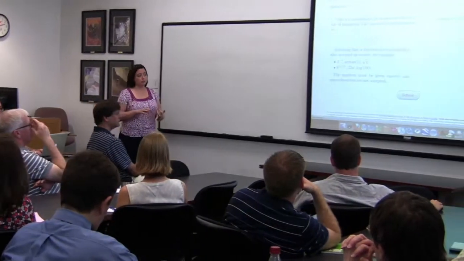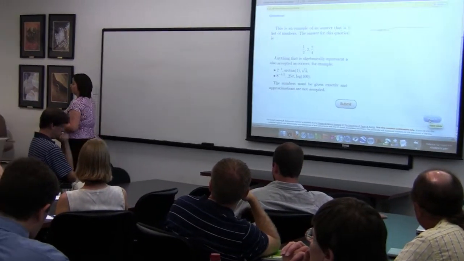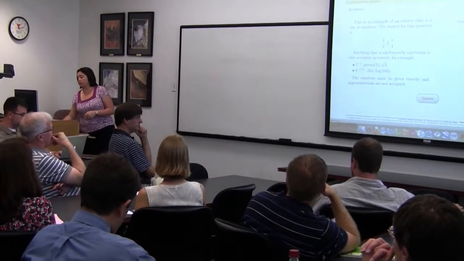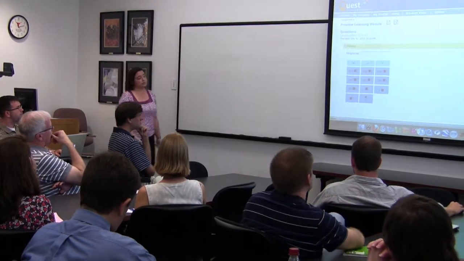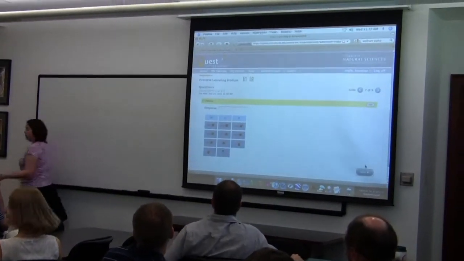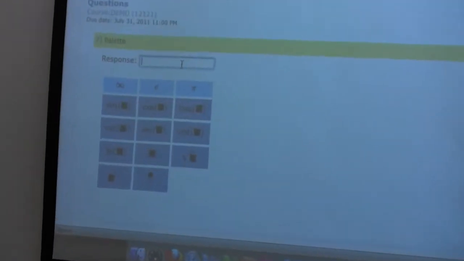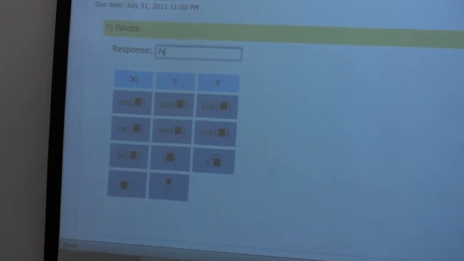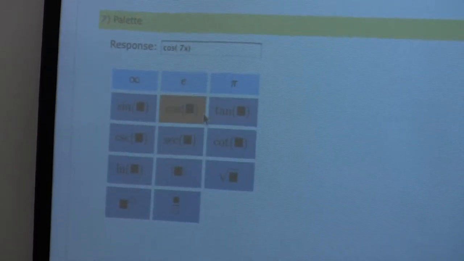Okay, so these are our new question types: short answer questions, function answers, intervals or ordered pairs, and then lists of numbers. To allow students to enter these answers in a nicer way, we also have a palette. So, for example, I can type 7x, and I can take the cosine of 7x.